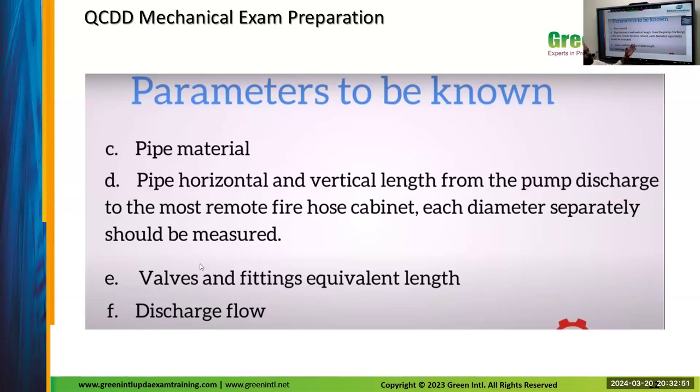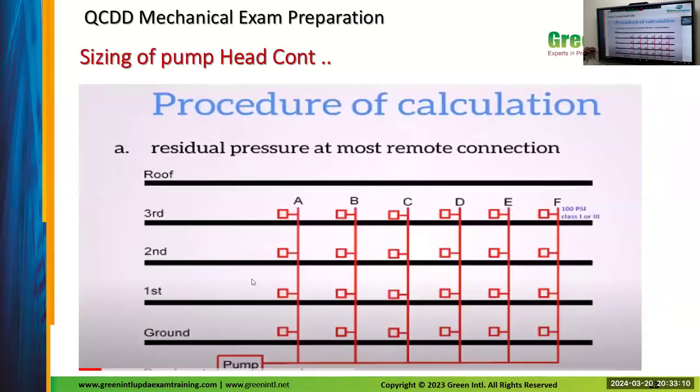If you consider the most remote riser to need 100 psi, then the supply will be maybe 120 or 150 psi. Only then, after the frictional losses and elevation losses, will the most remote outlet have 100 psi. Correct? So the most remote one will be 100 psi for class 1 and class 3.